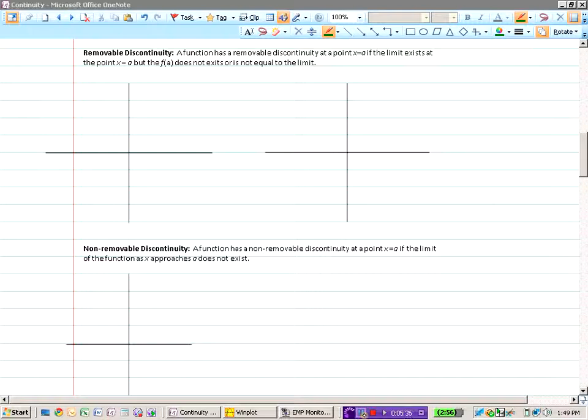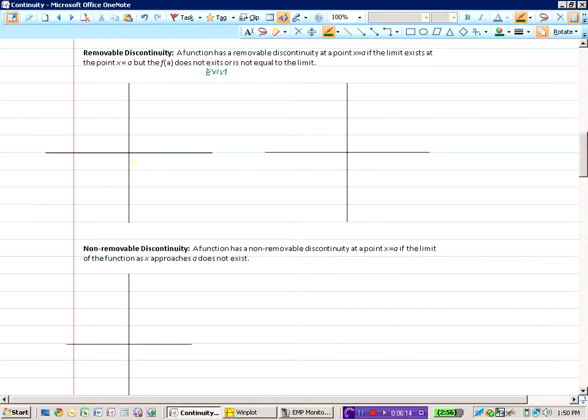Quite simply, a removable discontinuity means that a function will have a removable discontinuity at a point x equals a if the limit exists at the point x equals a, but f of a does not exist, or is not equal to the limit. So something would be a removable discontinuity if the limit has to exist, but the point does not.